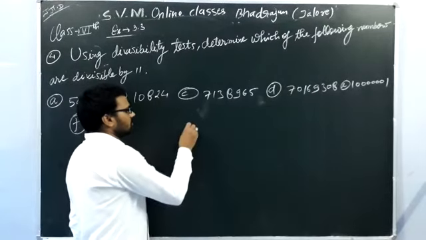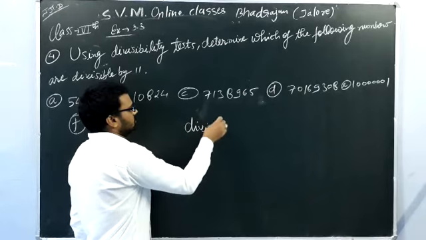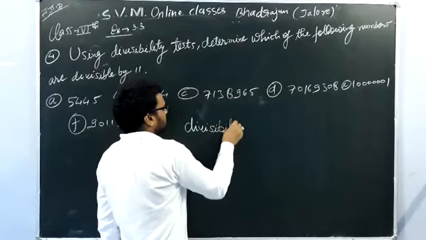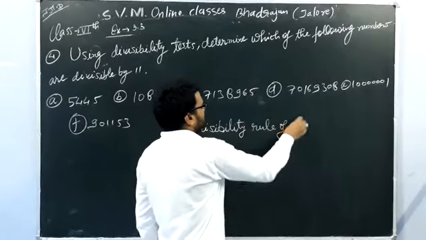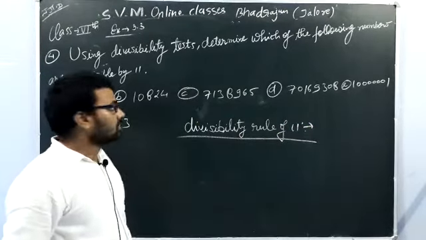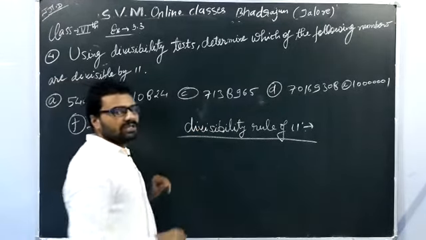First, the divisibility rule of 11. In any number we are having two types of places.